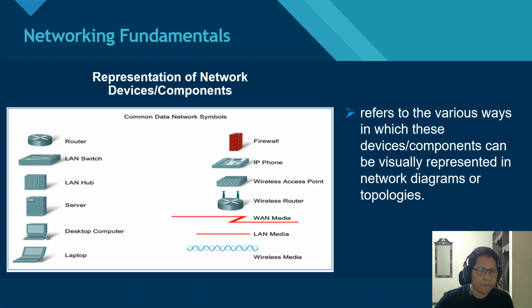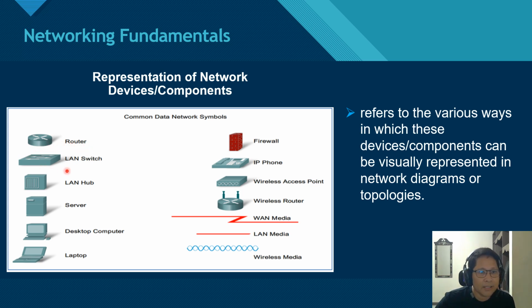They can be represented using symbols, shapes, or icons that help network administrators understand the topology and connectivity of the network. As you can see here in our example, we have the router. This is the icon used. This is what it looks like, router.